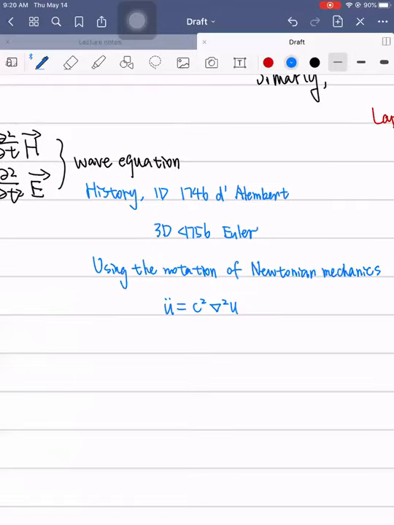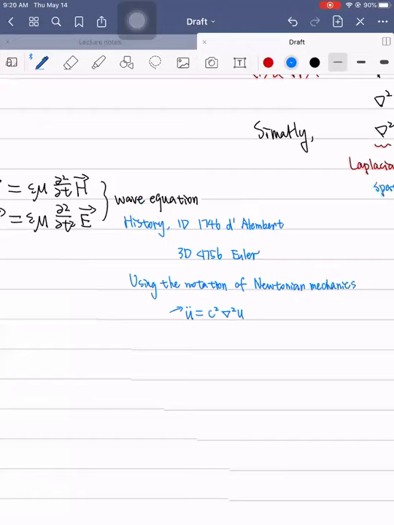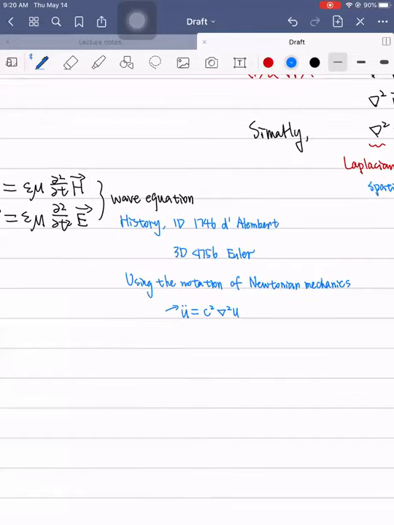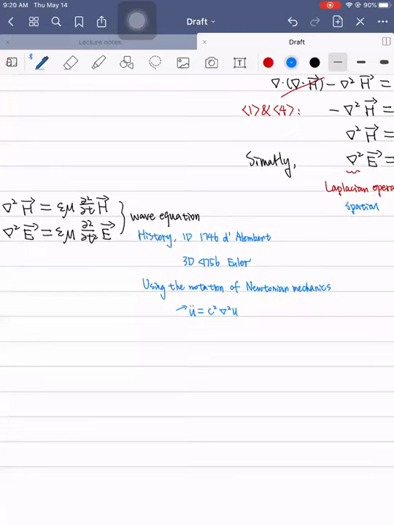So here this two dots represent the second order time derivative. And here the c is a non-negative constant, which usually refers to the wave speed. So these equations can be easily derived from the mechanical wave or even from Hooke's law to describe a moving spring.